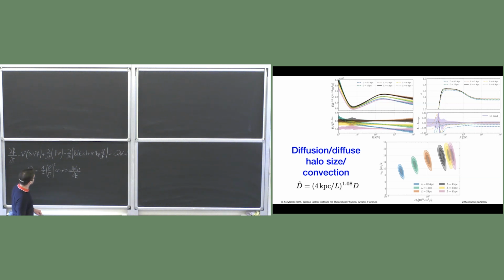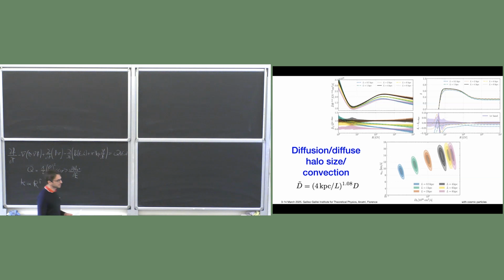For the diffusion coefficient, we can take something that is basically a power law in rigidity. This is what plasma physics tells us about magneto-hydrodynamic waves propagating in a plasma. Or you can use a more complicated shape, for example, a double broken power law.